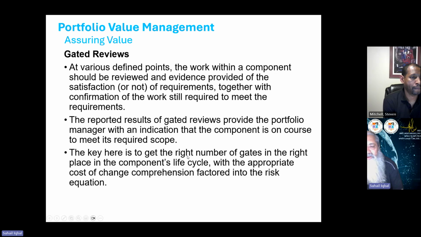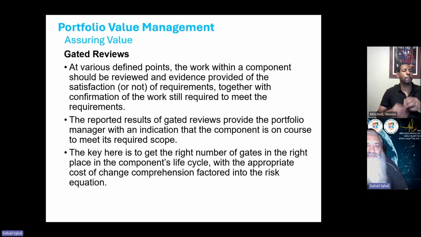The key here is to get the right number of gates in the right place in the component lifecycle, with the appropriate cost of change comprehension factored into the risk equation. Very important. Although we have put in the gated reviews for better reporting purposes, what if these reviews are conversely causing hurdles?